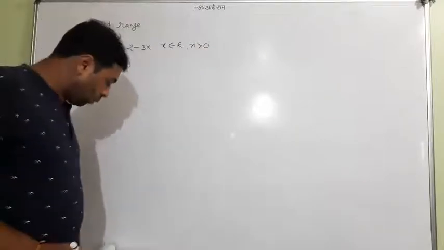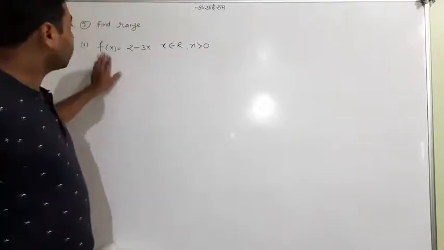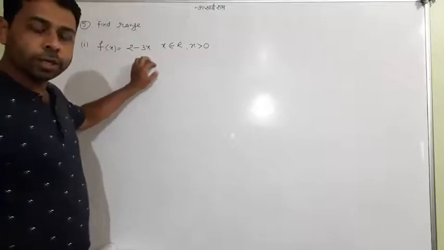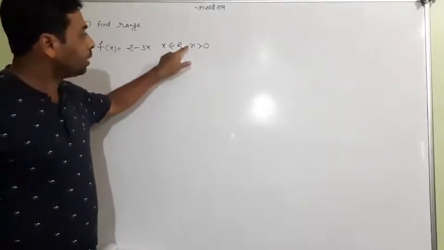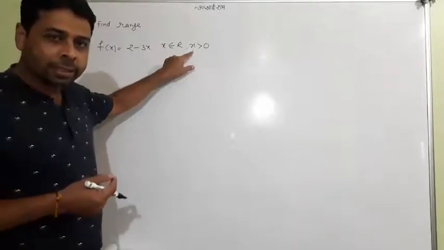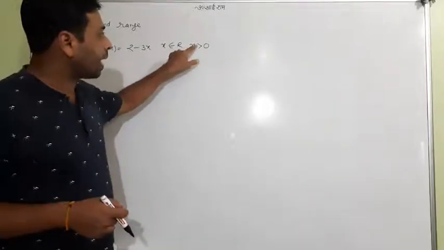So let me speak frankly: this is a function f of x equal to 2 minus 3x, and whatever is given aside, this is actually the domain. x is a real number such that x is positive.